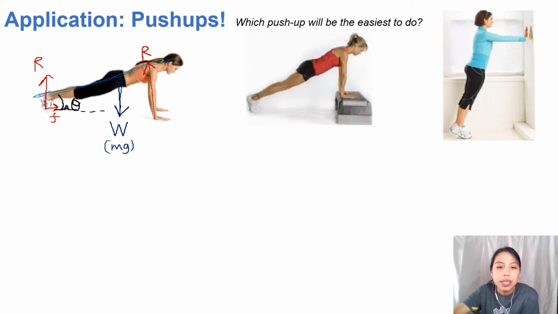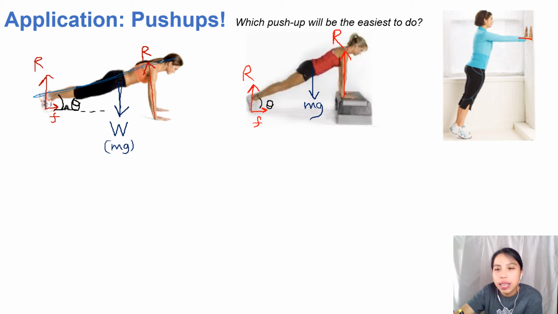Then you have the same in the second picture. Some weight of the body, mg. Reaction forces are acting on the hands by the floor because the hands are pushing the floor. Also at the legs, and some bit of friction to prevent the legs from just sliding back. And the angle, of course. Last one, wow, this thing is completely different now, the person standing up.